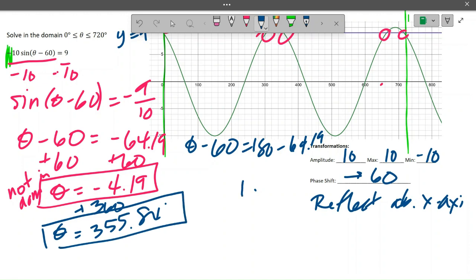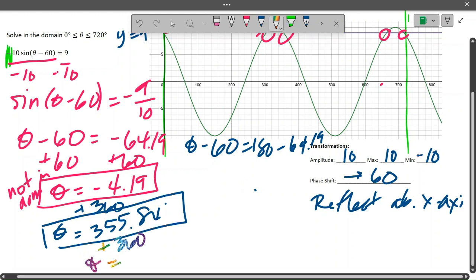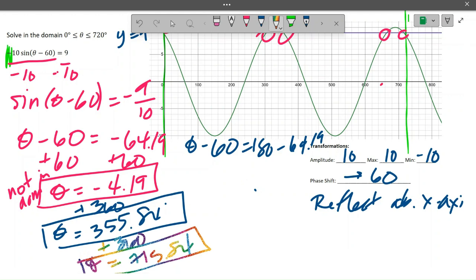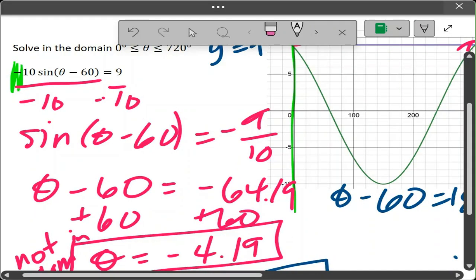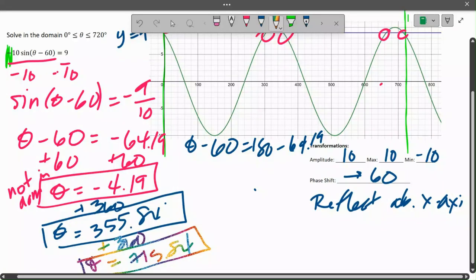And because I know that 720 is exactly 360 degrees away from 360, I know that I can add another 360 degrees here and I'm going to get a second value that is within our domain. If you don't know that just from your number sense, go ahead and just add it. It takes very little time, and if it's not in the domain, great. If it is, even better. All right, so that is this solution right here. These are our two solutions that we found.